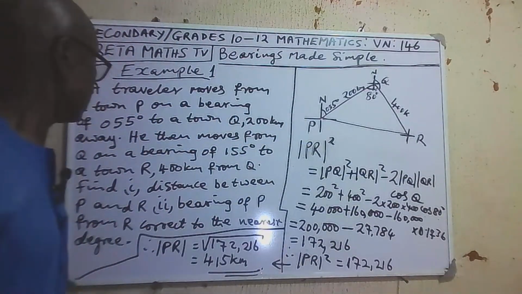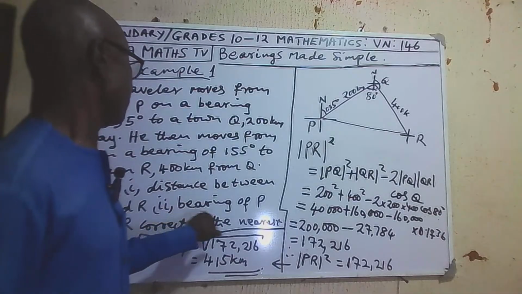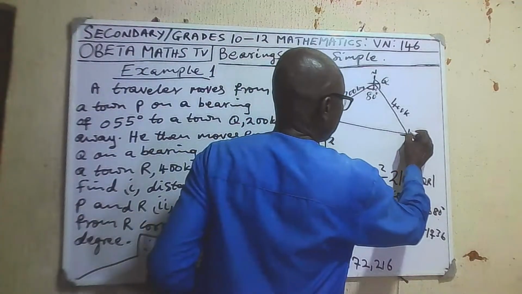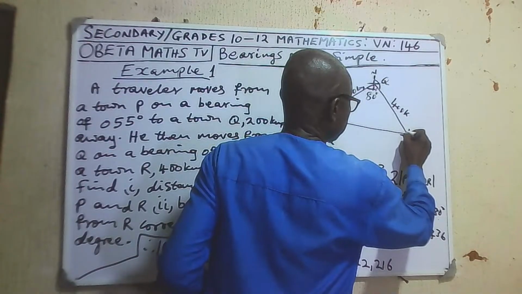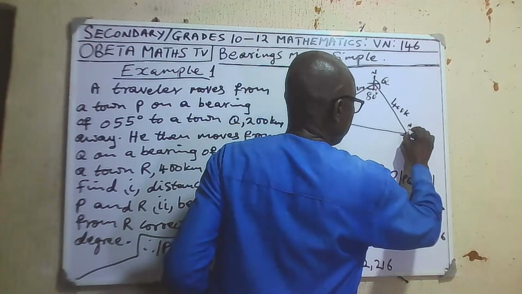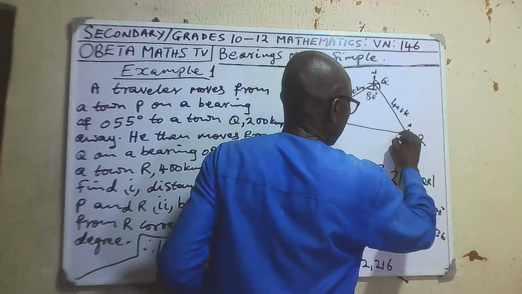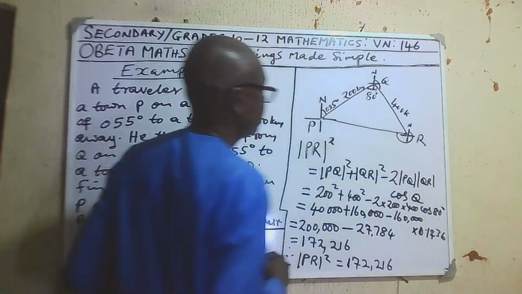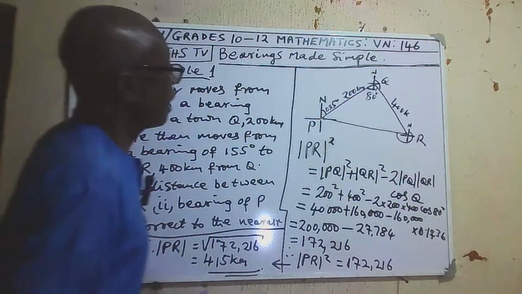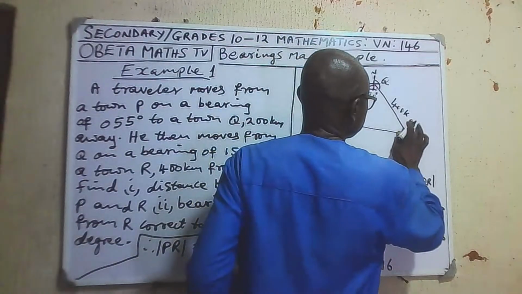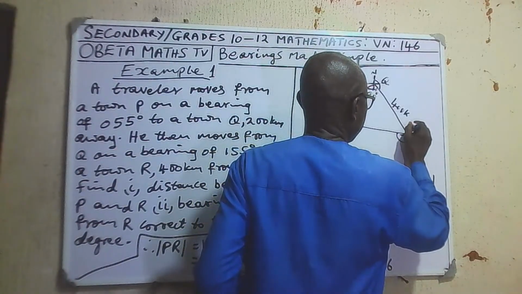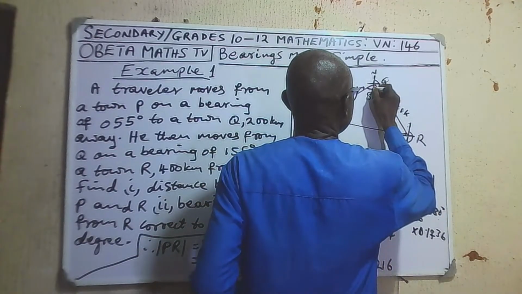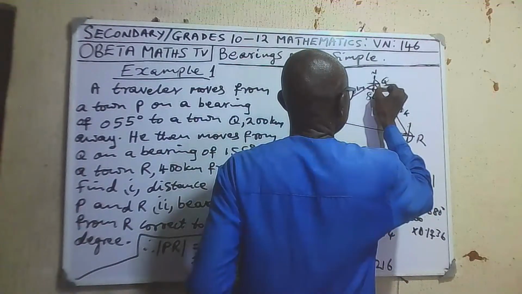So the second question says we should find the bearing of P from R. Bearing of P from R, you start from the north, from here, continue until you get to the line connecting P and R. Now, remember that we had a straight line here and we calculated this to be 25 degrees.